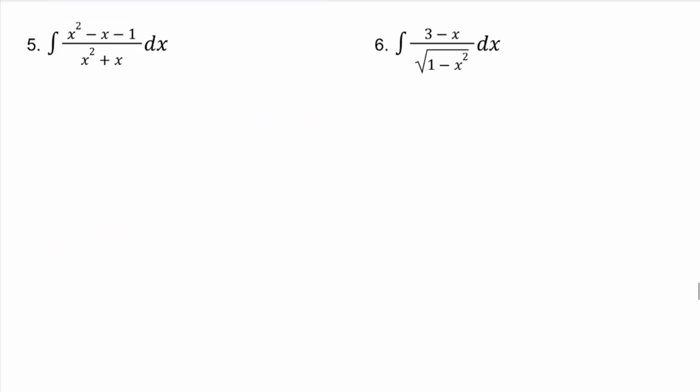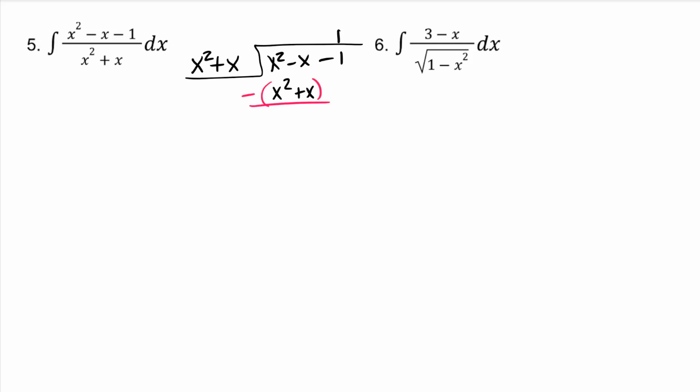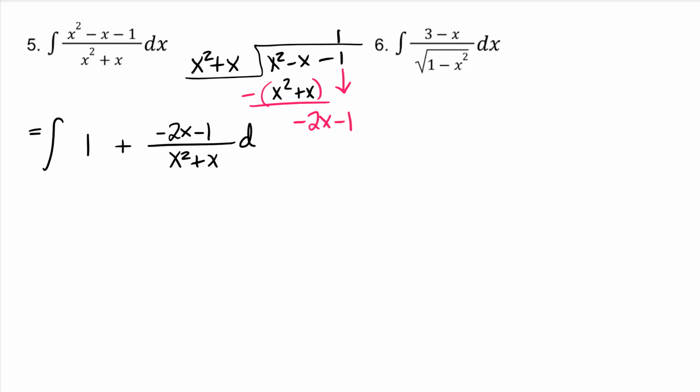For number 5, the degree of the numerator is the same as the degree of the denominator, so we need to use long division before integrating. An equivalent integrand would be 1 plus our remainder over our divisor.